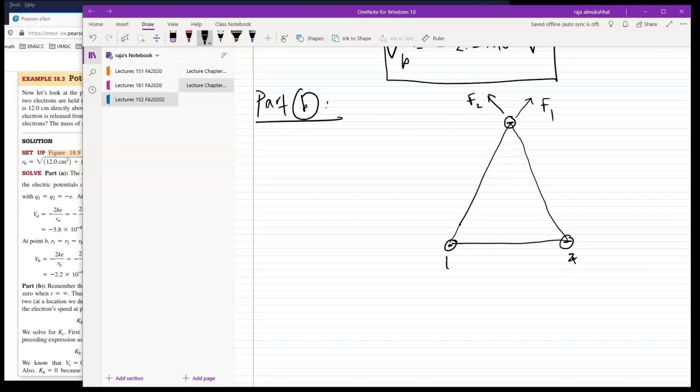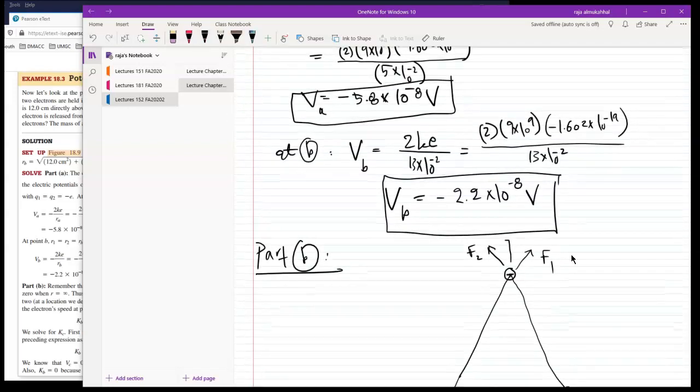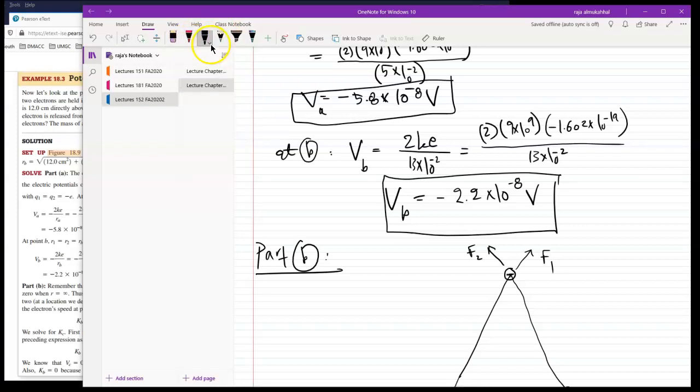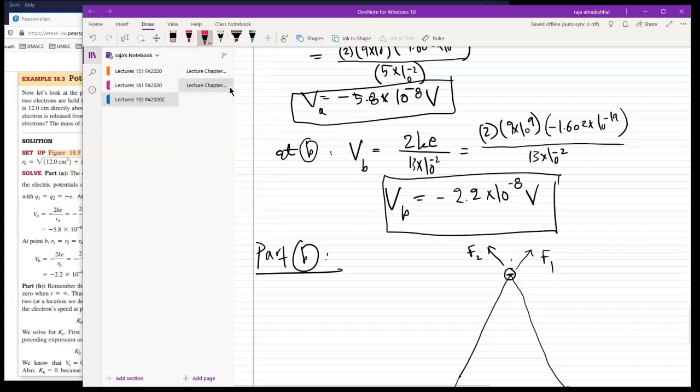And the electron is going to fly off in this direction. Again, I'm reaching the edge of the screen. Let me put a different color for you. So it's going to go in this direction like that.